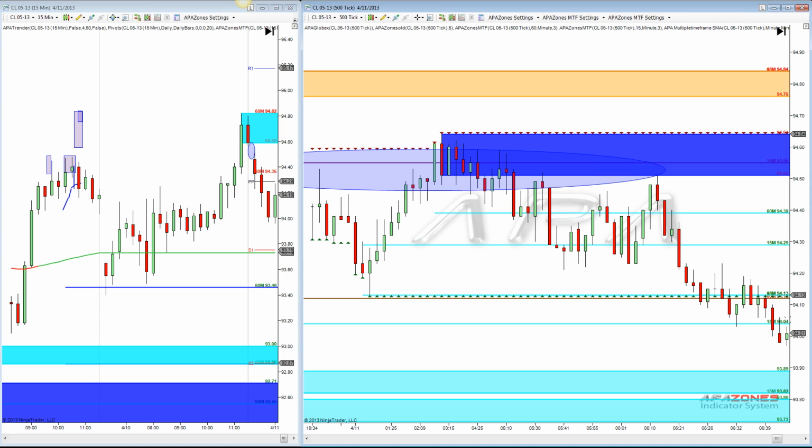So if the next green candle engulfs this candle here, this could be an interesting place to get long, just because you have a little bit of space to go before your Globex level, as well as some good resistance up in here too. But we'll just see how this happens.